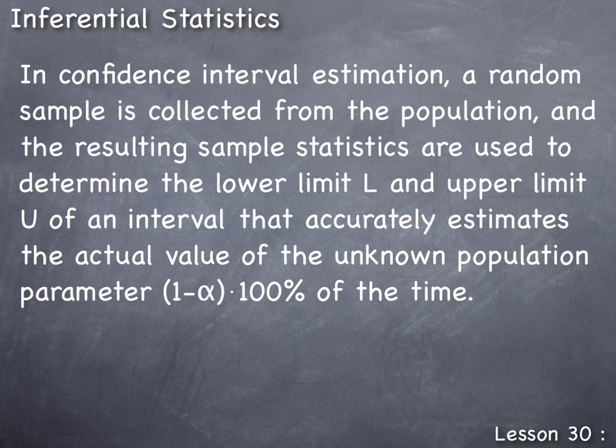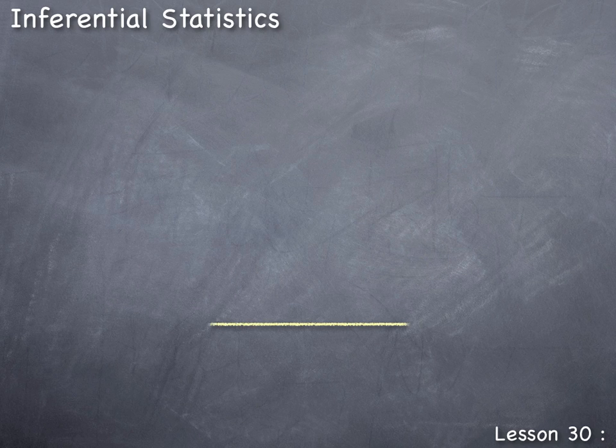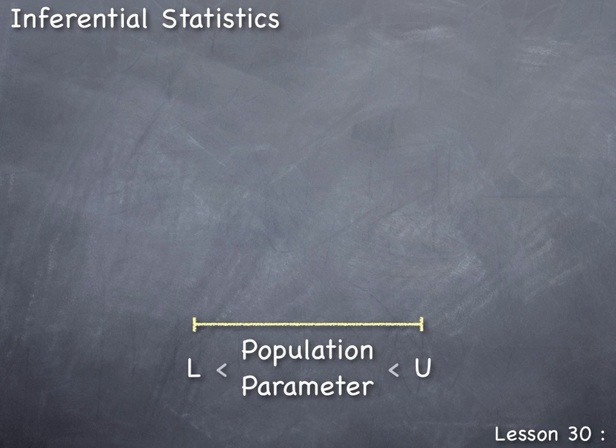So to illustrate this idea of a confidence interval estimate, we'll focus on two aspects: the confidence and the interval. First, the interval. A confidence interval is a range of values from some lower limit L to some upper limit U, such that the actual value of the population parameter is estimated to fall somewhere within it.